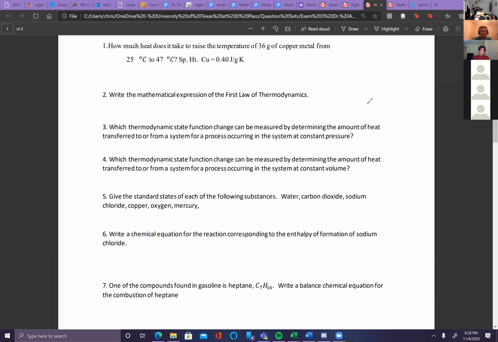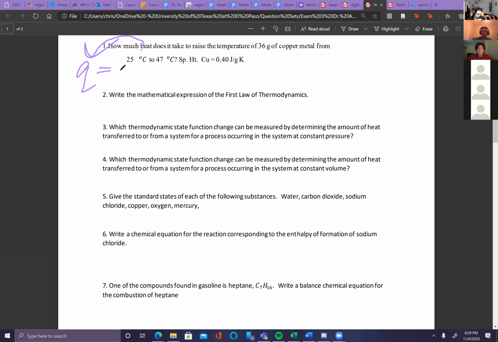It says, how much heat does it take to raise the temperature of 36 grams from 25 degrees to 47 degrees? Then it gives us all this extra given stuff, which is necessary. So heat, that's Q. What formula are we going to use in this case, based off of what they gave us?